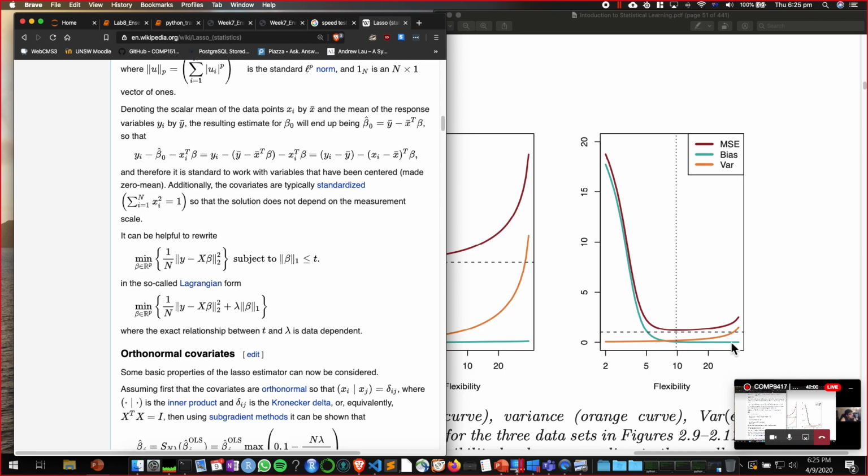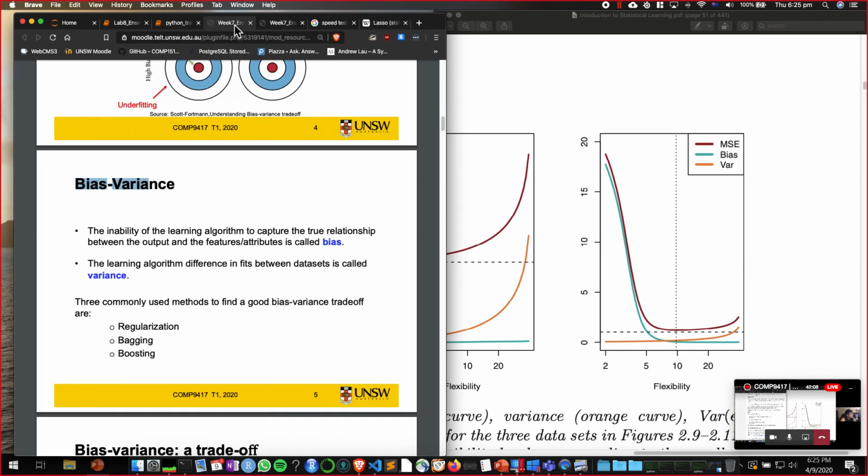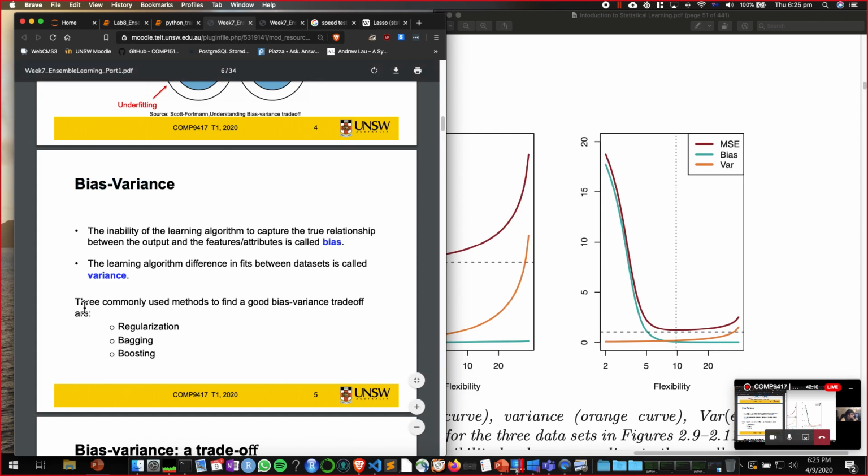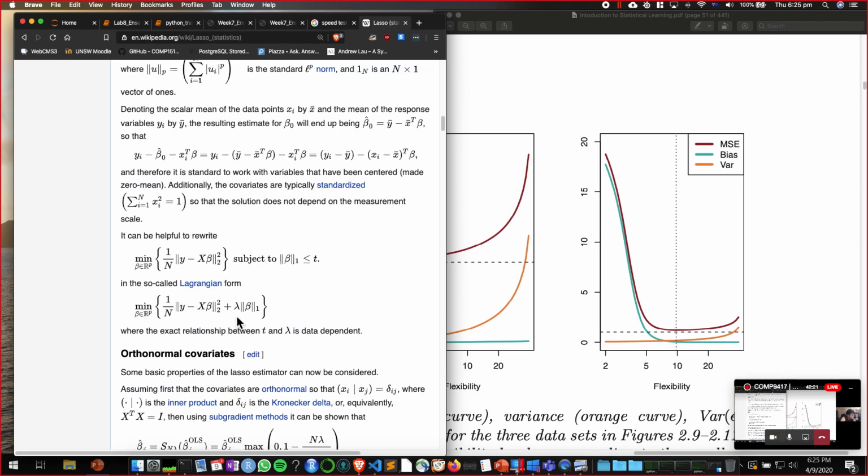So you can use this regularization to find the optimal bias variance trade-off, which is what Geller is talking about here. Here we go. So three commonly used methods to find a good trade-off, right? The first one, regularization. Okay, so what do we actually mean by find a good trade-off? What we mean is, this is the regularization part. This is what's regularizing your regularized lasso linear regression, right?